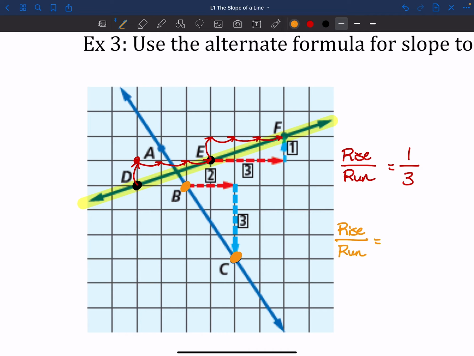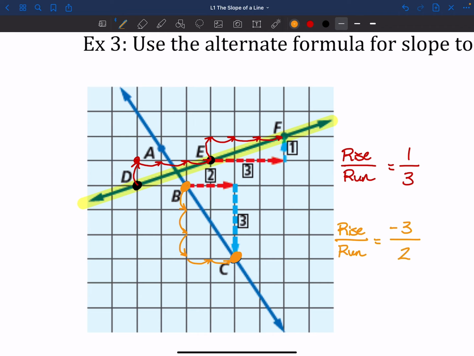Going from B to C, the rise part, going up or down, I'm going to go down 1, 2, 3. So my rise is sort of like 3, but I went down. So the way that we're going to represent that is we're going to call it -3. Makes sense. If you go up, it's positive. If you go down, it's negative. As for my run, now I'm traveling over 1, 2. So my run is 2.